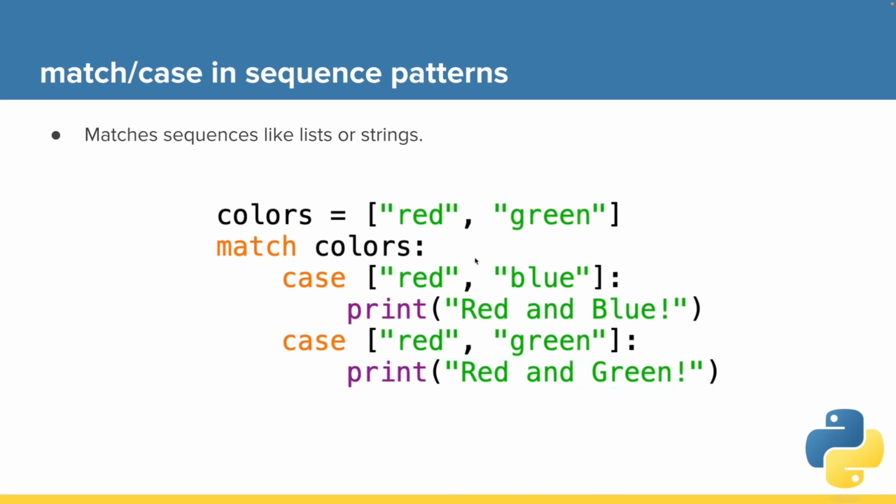And one note, what would happen if this colors variable were assigned green, red, so the inverse order? It would not match any of these. It is order sensitive. Order does matter. So that's a little overview on matching things like lists in these sequence patterns.